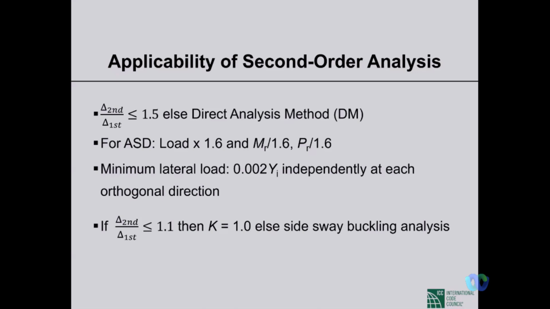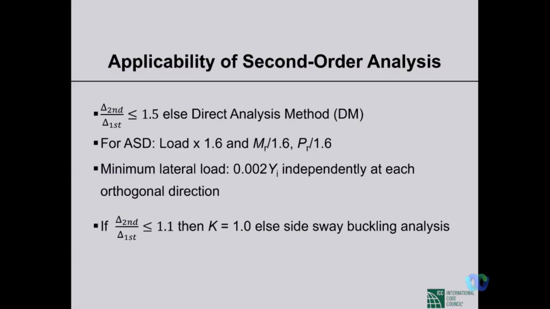We multiply 0.002 with the gravity load and apply that as lateral load, even if we don't have any lateral load at that level. This is the minimum amount of lateral load that we have to apply. It is a kind of notional lateral load that we'll talk about in the direct analysis method later.